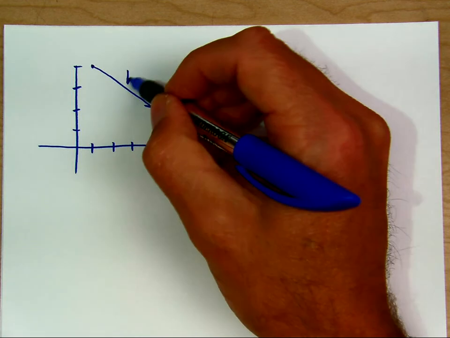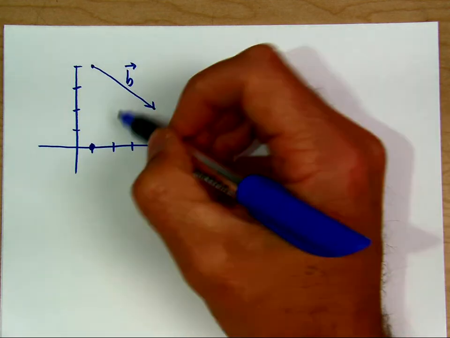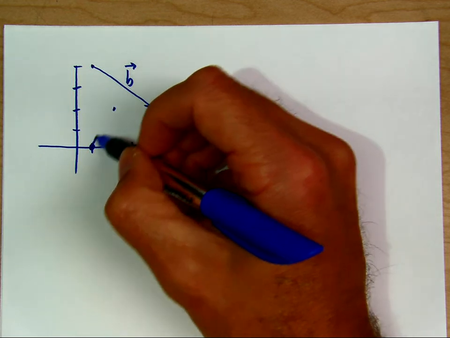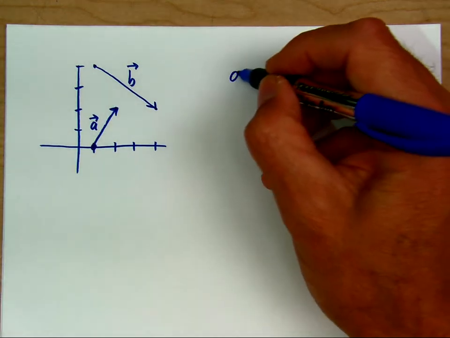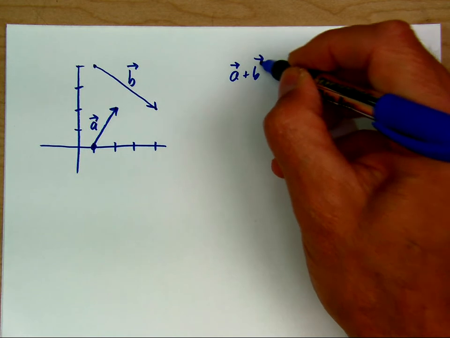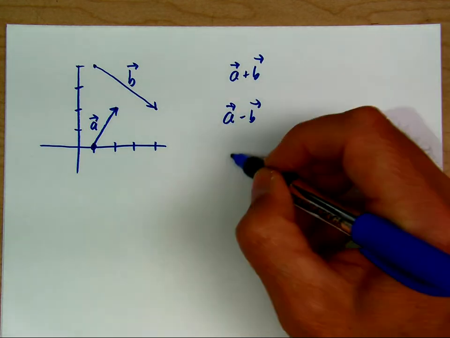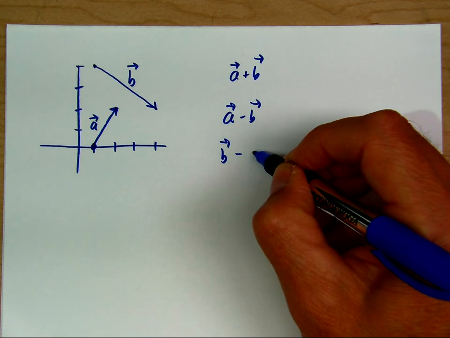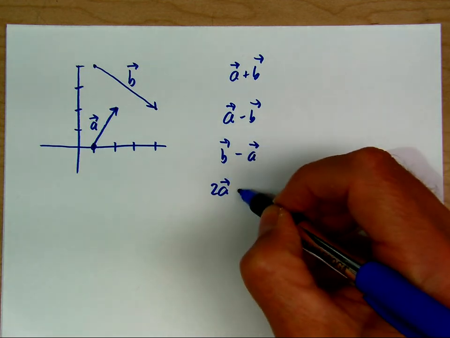That will be vector B. And then we'll go from there to there, and that's vector A. Let's find A plus B, A minus B, B minus A, and 2A minus 3B.